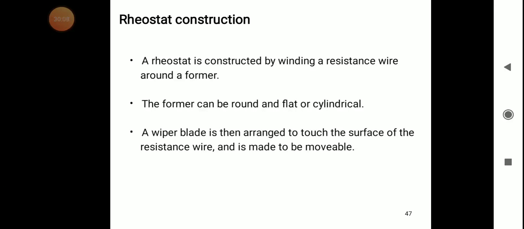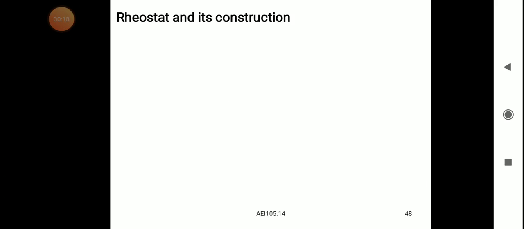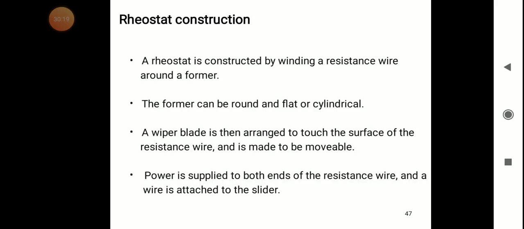A wiper blade is then arranged to touch the surface of the resistance wire and is made to be movable. The power is supplied to both ends of the resistance wire and a wire is attached to the slider.